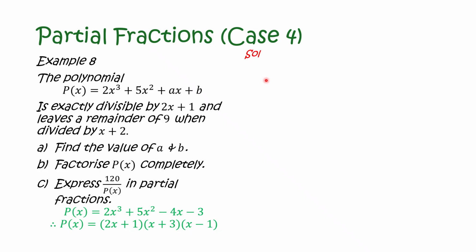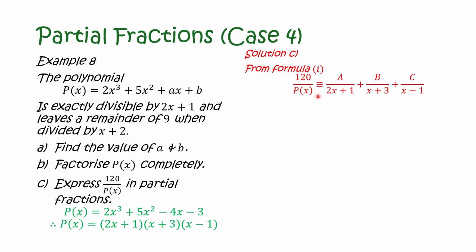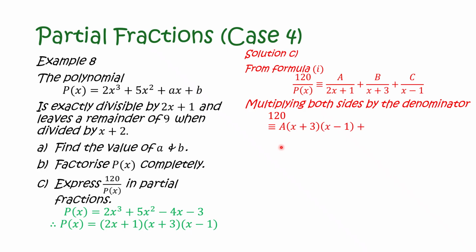Great then. So we have our p of x as that and our p of x factorized on the left-hand side. Let's move on to C. So with C, from formula 1, because that's what we have here, from the factors that we have, we are saying that 120 divided by p of x is equivalent to a over 2x plus 1 plus b over x plus 3 plus c over x minus 1.